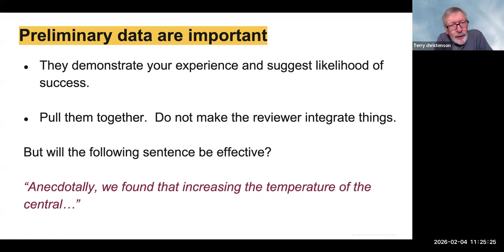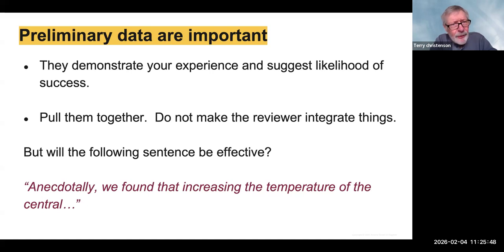A problem that I see rather routinely is that, as an editor, I'm trying to put myself in the position of the reviewer, and I have to pull those preliminary data together and package them somehow. More often than not, I see the preliminary data spread out rather than pulled together.